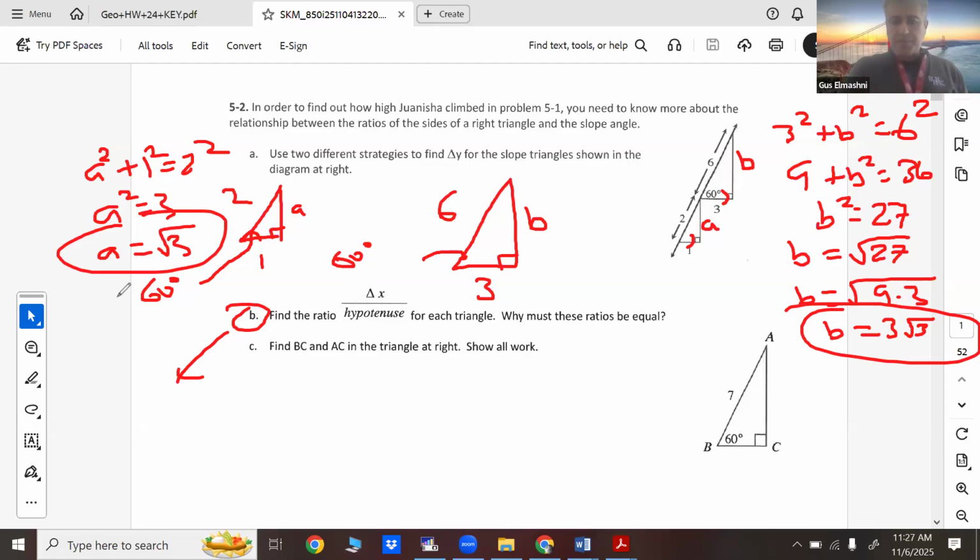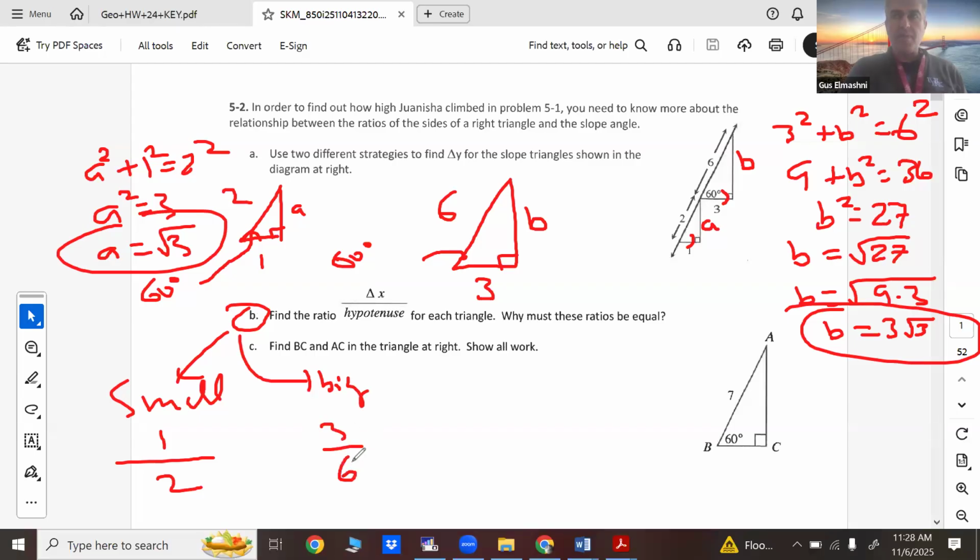Then for part B, the small triangle, you do delta x over the hypotenuse, 1/2. For the big triangle, what do you get? 3/6, right? What does that reduce to?